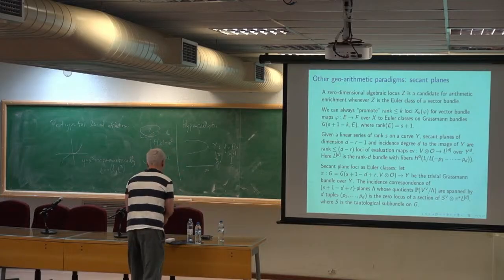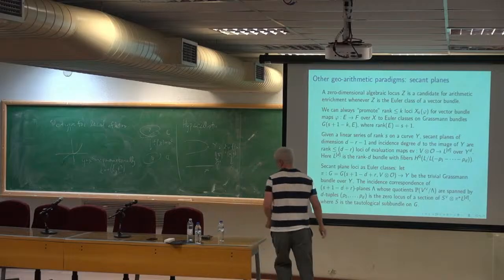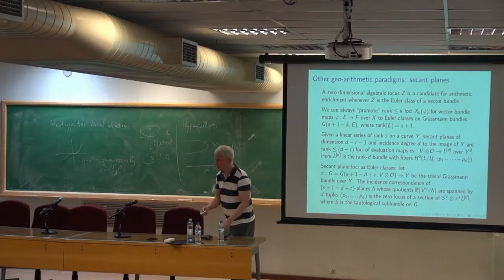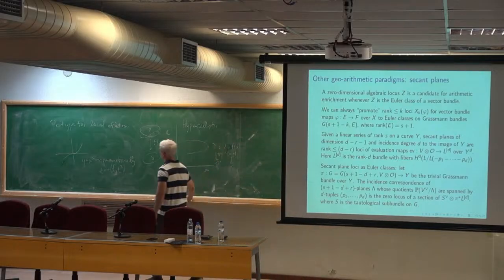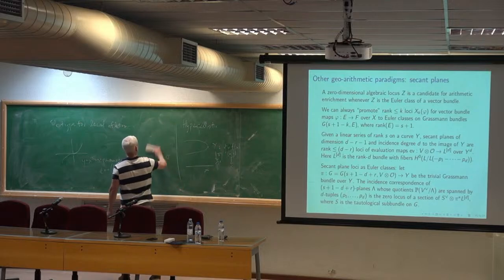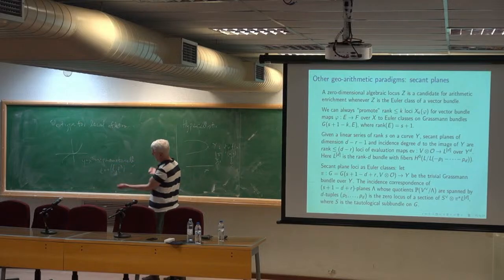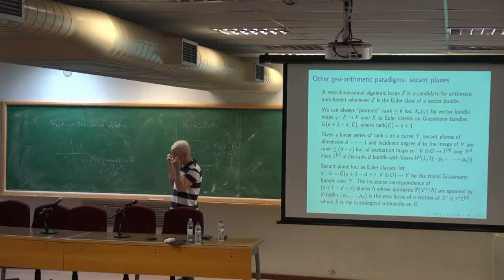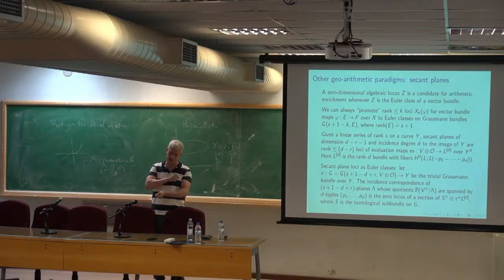What do I mean by a secant plane? Well, I want to think of this as a global analog of an inflection point. A secant plane is just some linear subspace of projective space of fixed dimension that has a prescribed incidence degree with my curve.